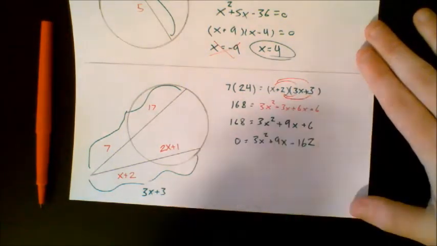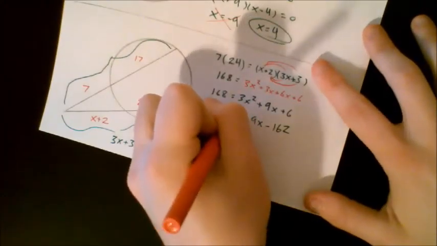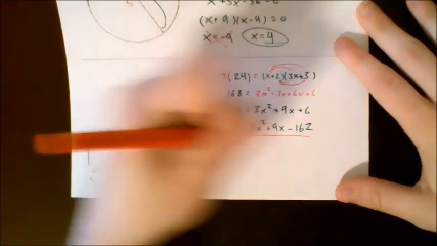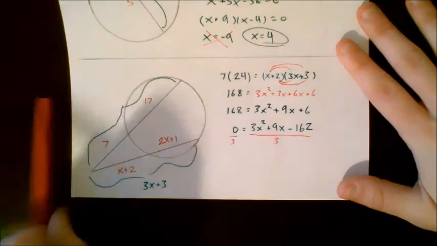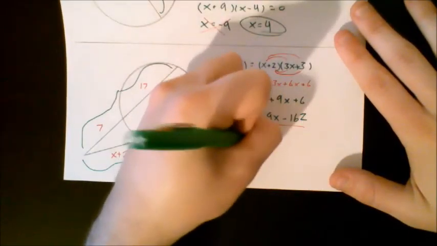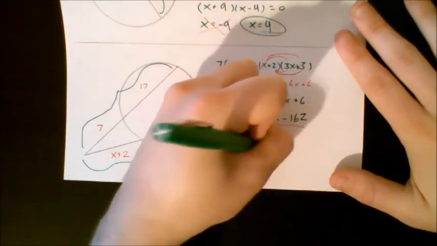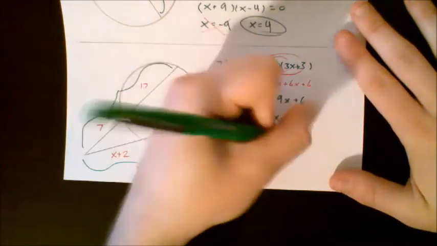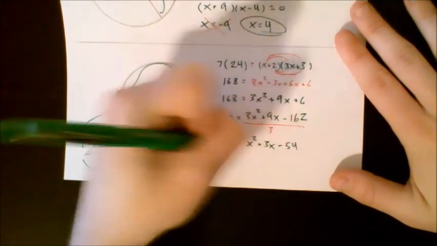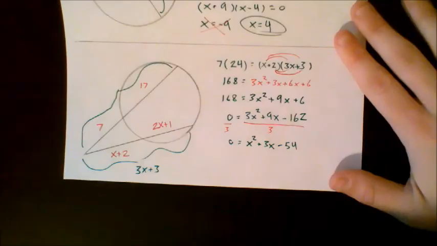Every single one of these numbers is divisible by 3. So what we can do is divide both sides of our equation by 3. And what we're going to have is x squared plus 3x minus 162 divided by 3, which gives us 54. That whole thing equals 0.